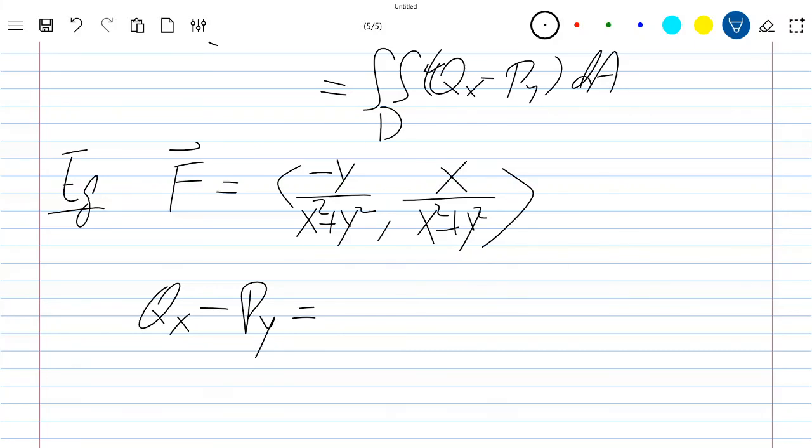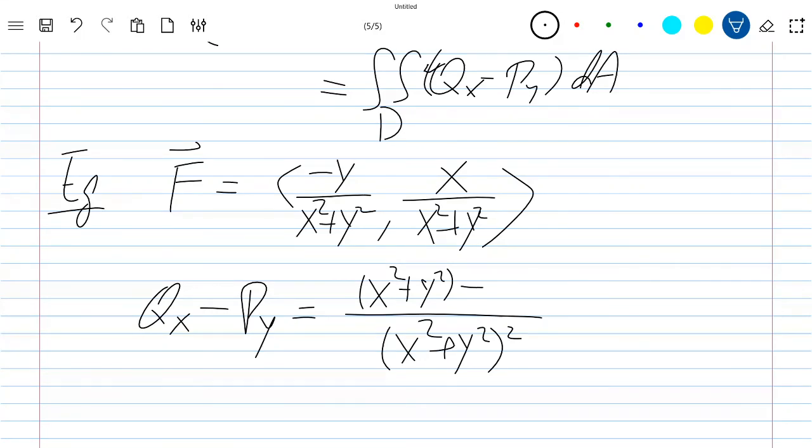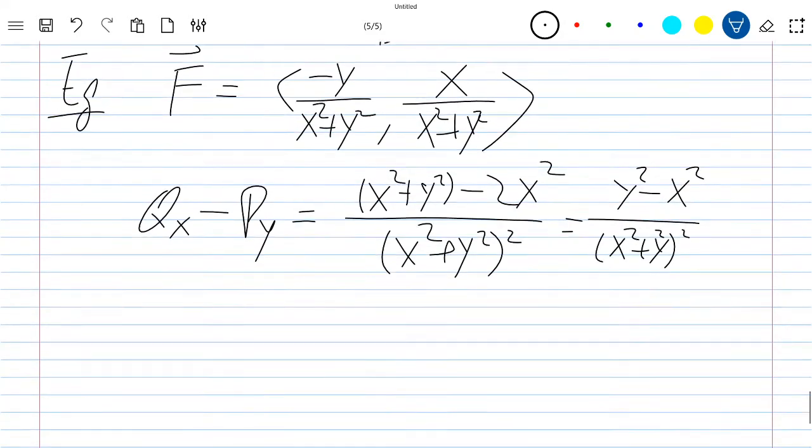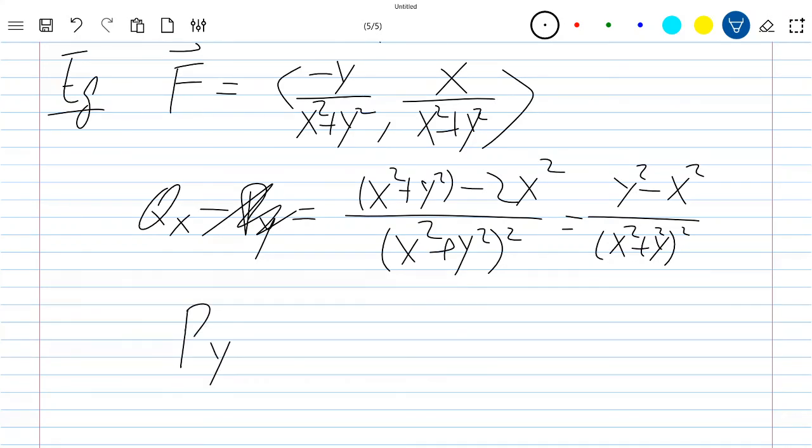Using the quotient rule, the top derivative is x, the bottom is x squared plus y squared, minus the top times 2x, which gives y squared minus x squared over x squared plus y squared squared, and that's the qx part.